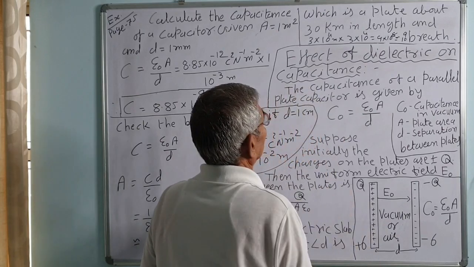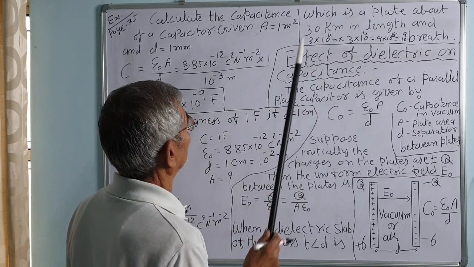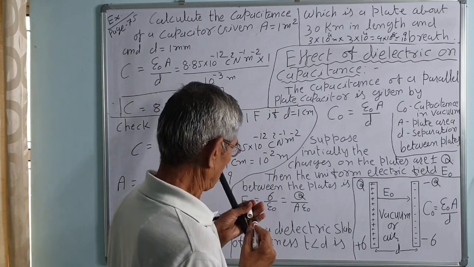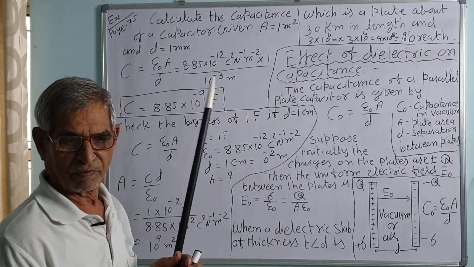That is, the area of the plate is 10 raised to 9 square meters, that is, it has a length and breadth of 30 kilometers, or we can consider this a square also. So, very big. So, that is not possible in practice.